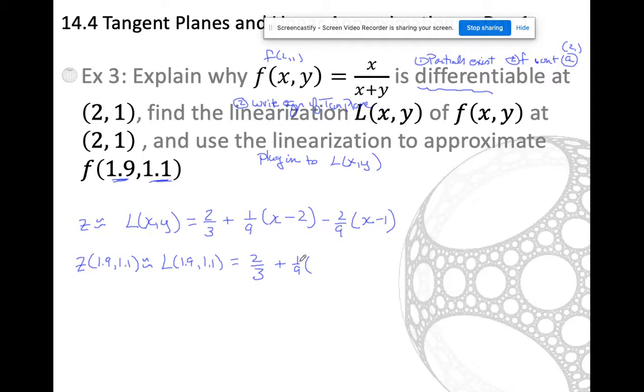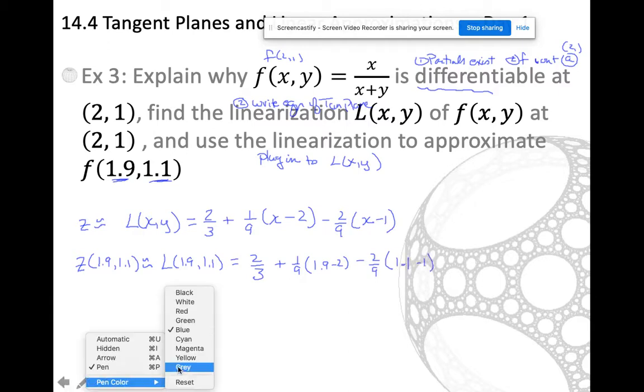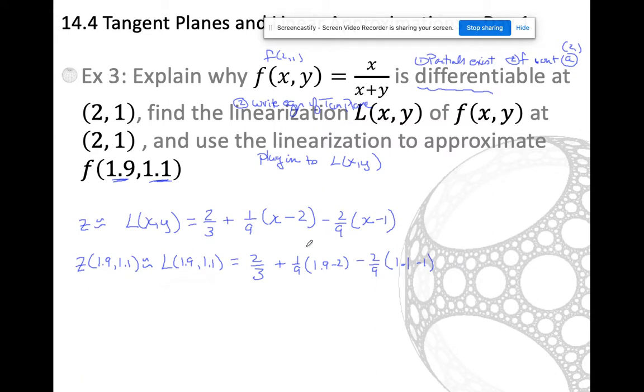1.9, and again, hopefully you can see that the change in there is very small, which is what you want, right? Delta x is small, delta y is small, right? And then whatever that turns out to be. Actually, let me figure out what that is.